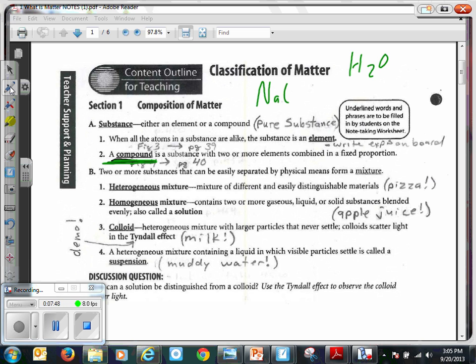NaCl is a compound. MgCl2 is a compound. So wherever I find this stuff, anywhere in the Earth's crust or in the universe, it will always have this fixed ratio of molecules. Otherwise, it's called a different name. It's a different compound.